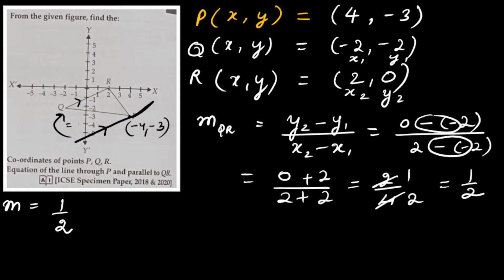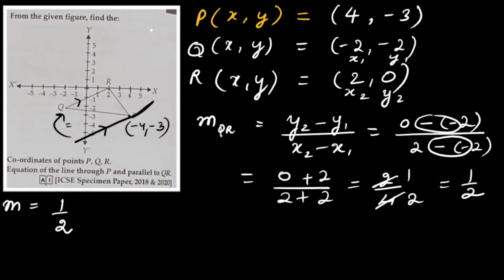We have found the slope, and P's coordinates we also know. The slope is 1 by 2, and the line whose equation we have to find is parallel to QR and passing through P. P's coordinates we know are 4 comma minus 3.